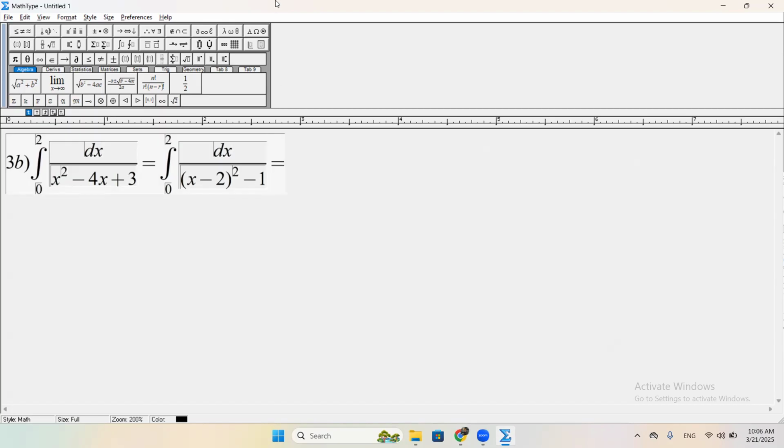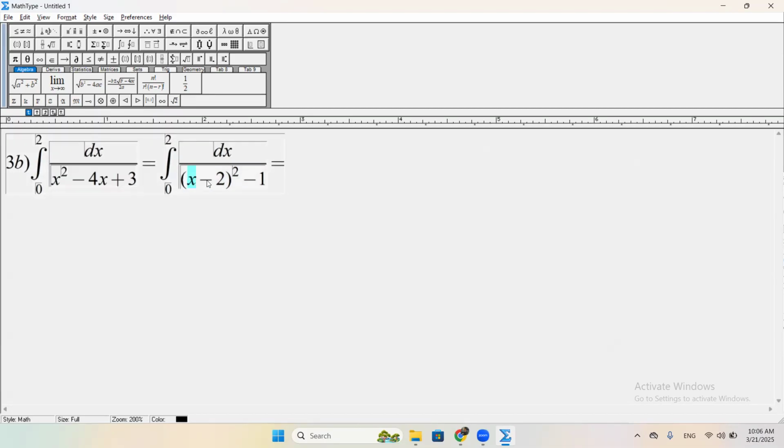Now if we substitute 2 into this expression, we don't have any problems. We have a finite, bounded function. If I substitute 0, I have a bounded function as well. But what about x equals 1?